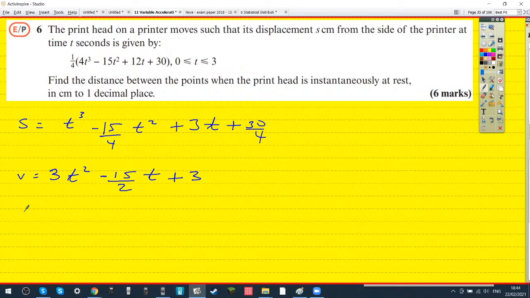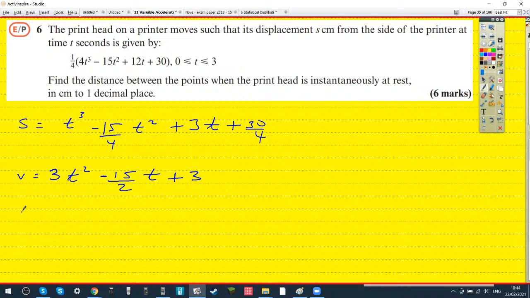Mm-hmm. The printhead is instantaneously at rest. Am I now making t 0? No, we want when it's instantaneously at rest. What's 0? V. V. Yep.